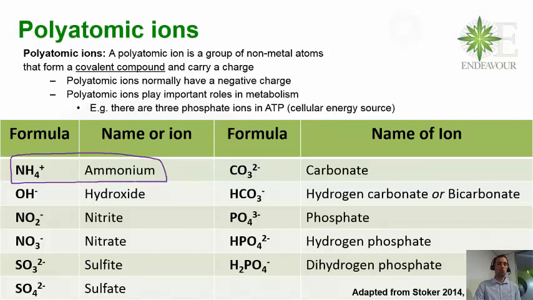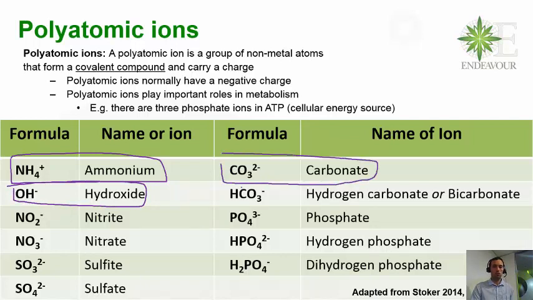So this is actually produced as part of amino acid metabolism that we'll look at in our metabolism section of the course. Other common polyatomic ions that we'll see quite a lot in the course include the hydroxide ion, the carbonate ion, which is involved in acids and bases, and also phosphate, which is heavily involved in metabolism.